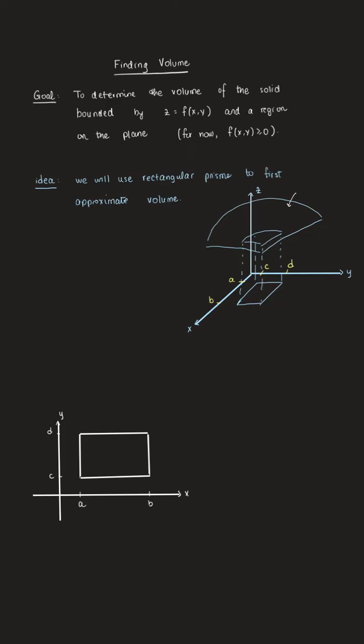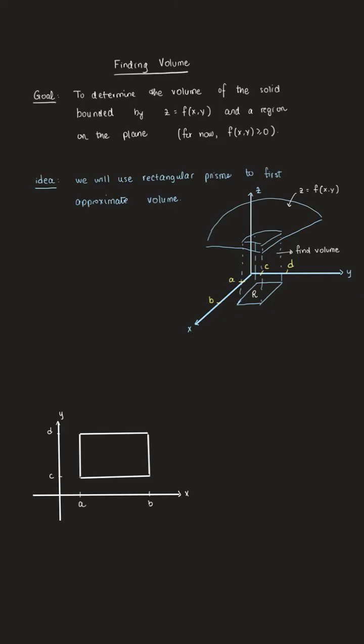So this is our z equals f of x y. And we want to find the volume of the region that's bounded by our surface and a region in the plane. Let's call that region R.